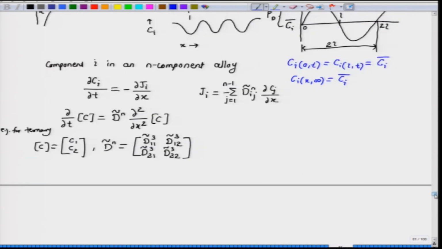Now, these conditions also we can write in the form of matrices.